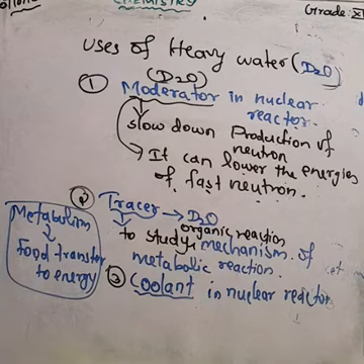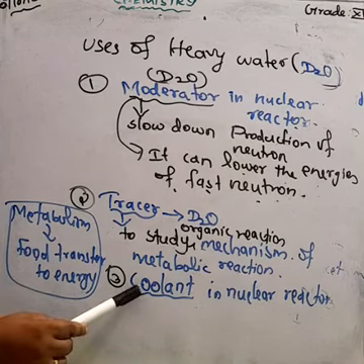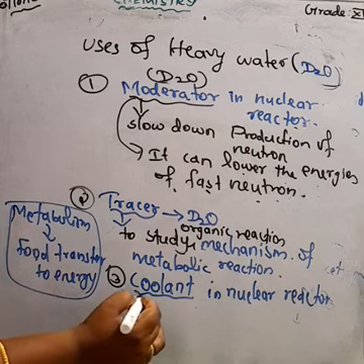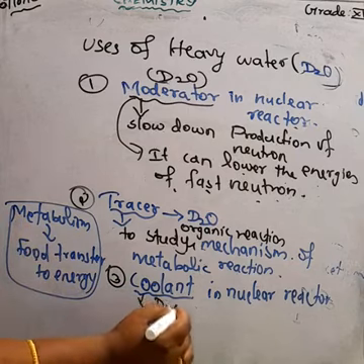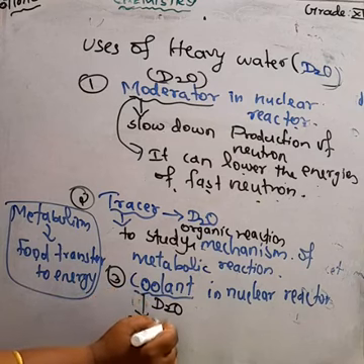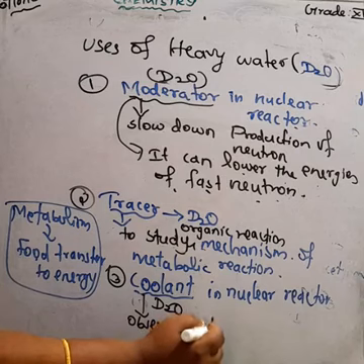But when we use heavy water in the nuclear reactor, it acts as the coolant and absorbs the heat generated. So it is used as the coolant in the nuclear reactor.